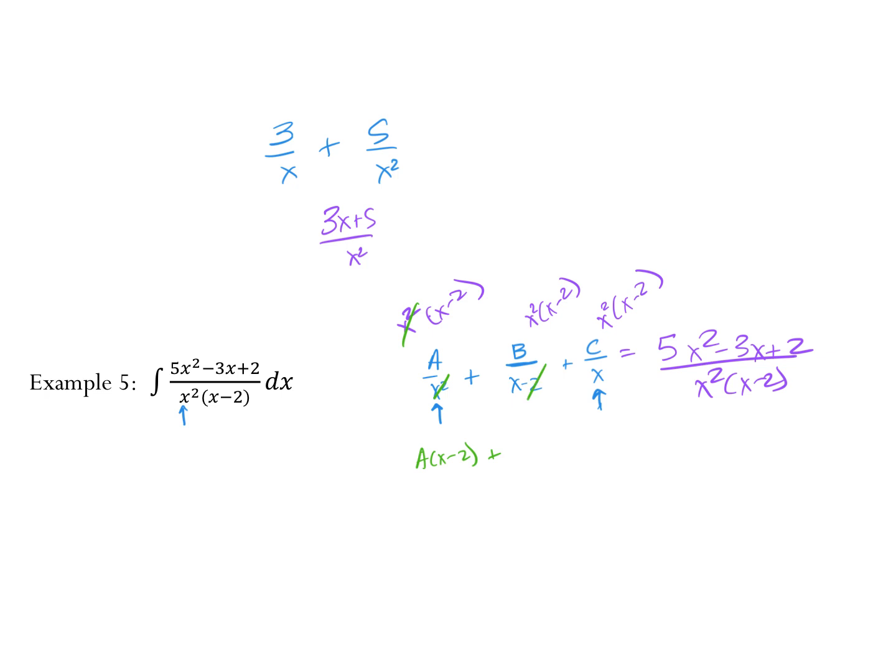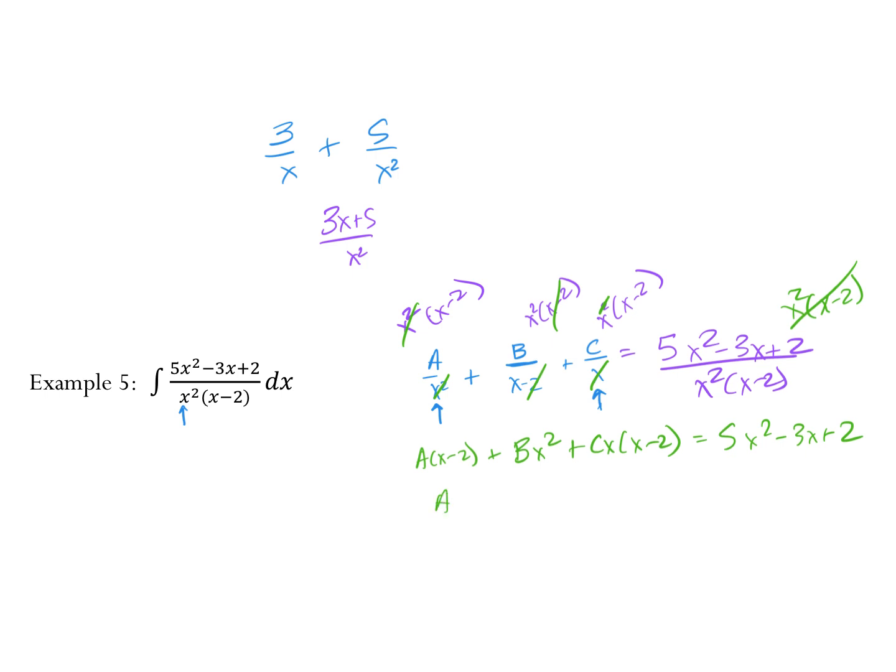For the second fraction, the x minus 2s would cancel, and I'd have bx squared. For this third fraction, the x and one of the x's of that x squared would cancel, so I'd have cx times x minus 2. And over here, of course, the whole bottom will cancel out, and I'll have 5x squared minus 3x plus 2.